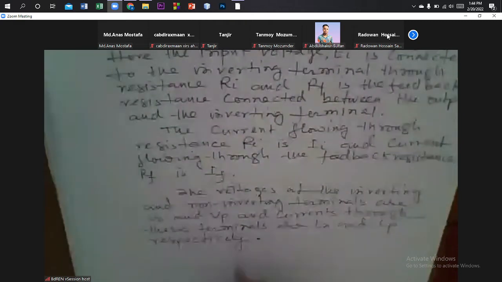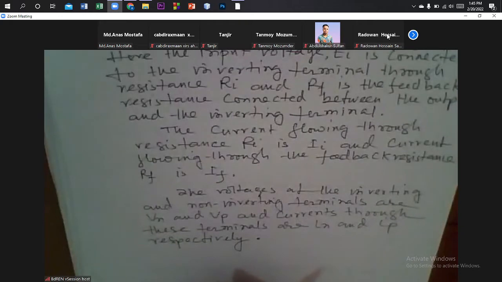Clear? As we saw in the last topic, we discussed V and VP, I and IP, and we see in the figure. Okay?